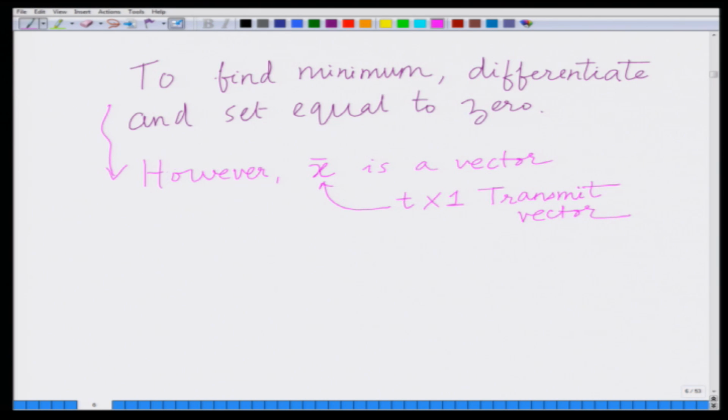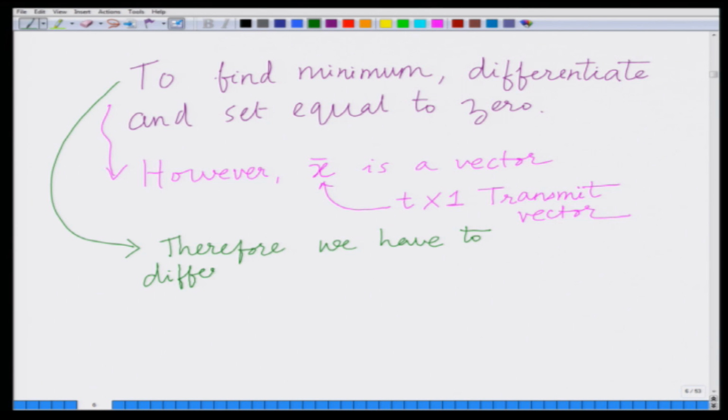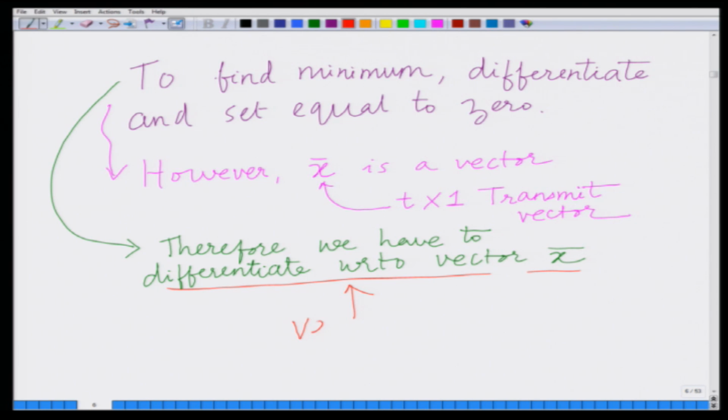Therefore, we have to differentiate with respect to the vector x bar, which means we need the concept of what is known as a vector derivative.